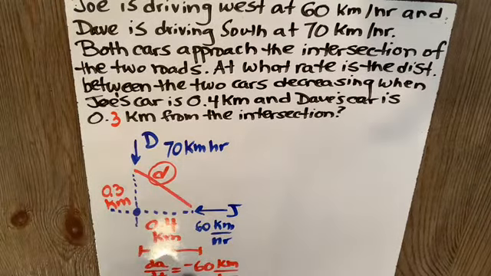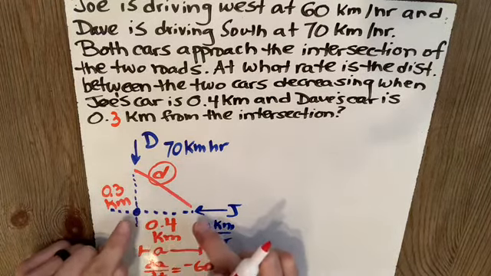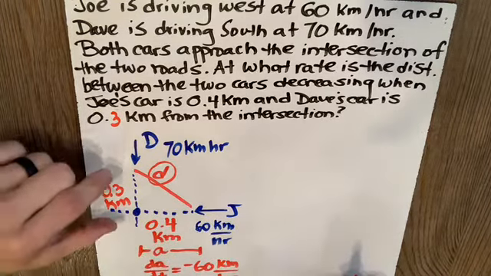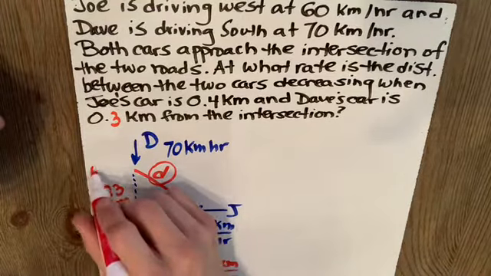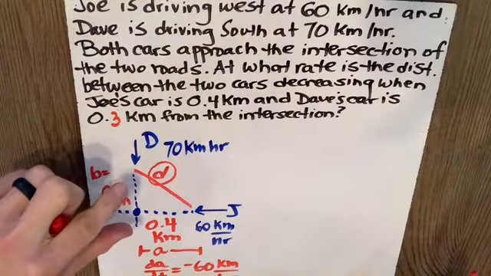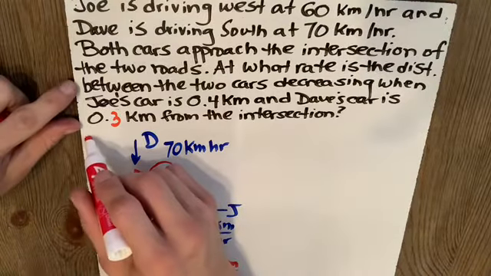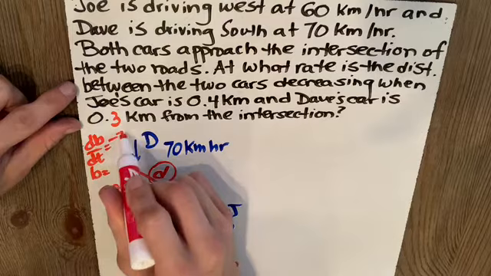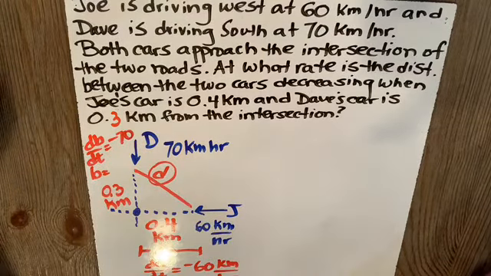Notice I'm putting a negative there because the distance is decreasing. When it's decreasing, the rate is negative. And this distance, which I'll call B, is changing at 70 kilometers per hour, but it's getting smaller. So dB/dt is negative 70 kilometers per hour.